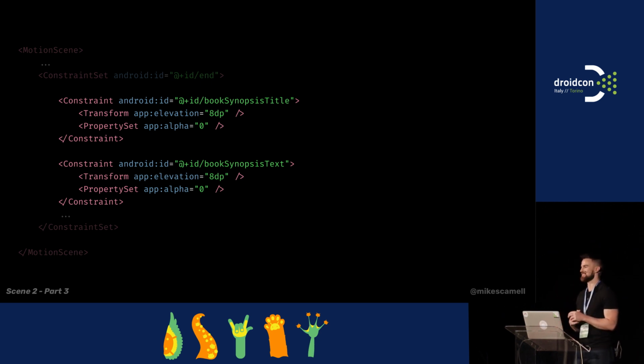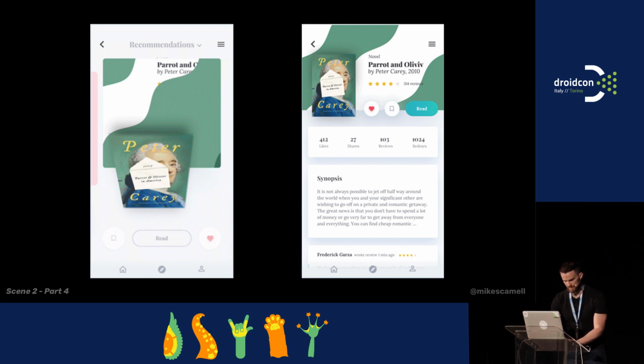We also need to set the alpha to 0. Why? Because if we don't, after frame 10, the text will start fading back in, as by not setting the alpha, we'll get the default alpha, which is 1. So let's take a look at part 3. There we go, text fading out.